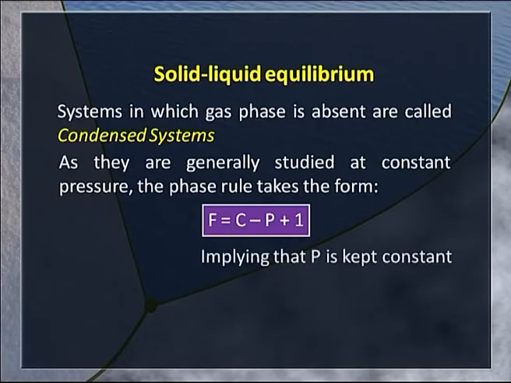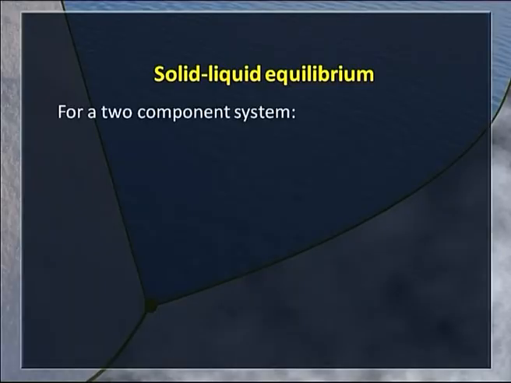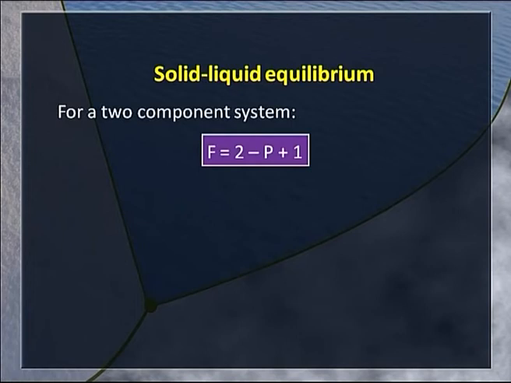Of course, it implies that the pressure is kept constant. This form of phase rule is called the condensed phase rule equation. For a two component system, F is equal to 2 minus P plus 1, that is F is equal to 3 minus P. So, simplified form, we have to simply put the value of P to get the number of degrees of freedom applicable to the given system.